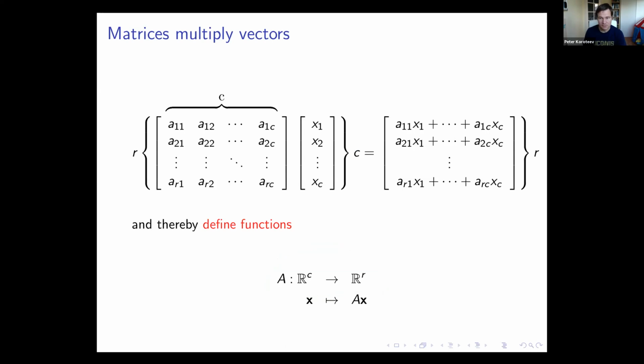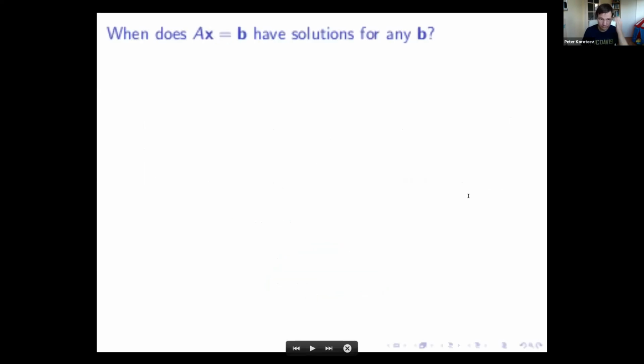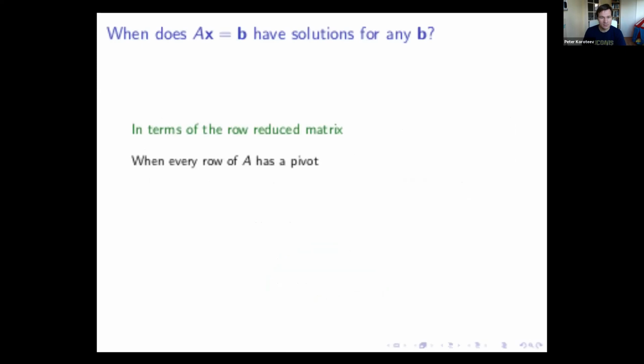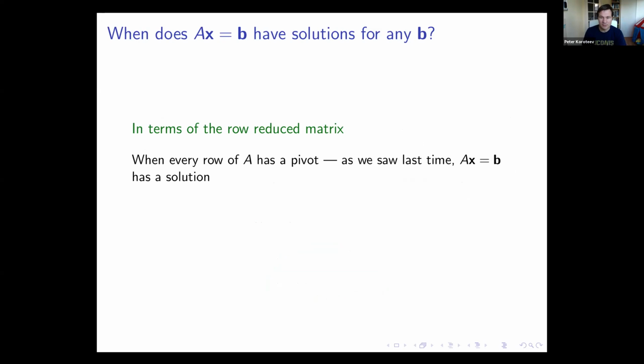Okay, so then we talked about when the equation Ax = b has a solution for any b, and the answer was given in terms of the row reduced matrix. We knew that when every row of A has a pivot, then, as we saw last time, Ax = b has a solution.